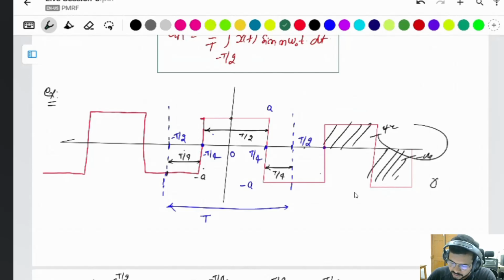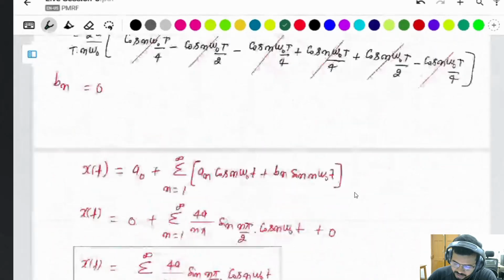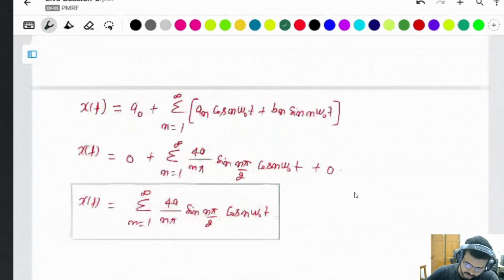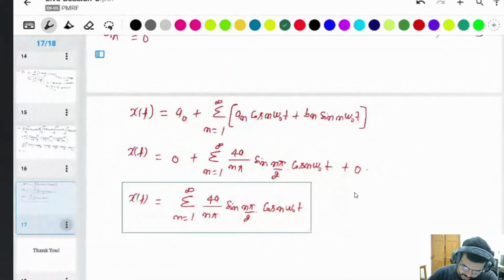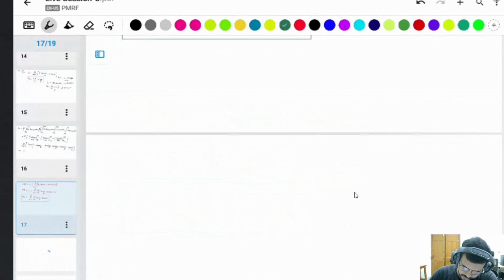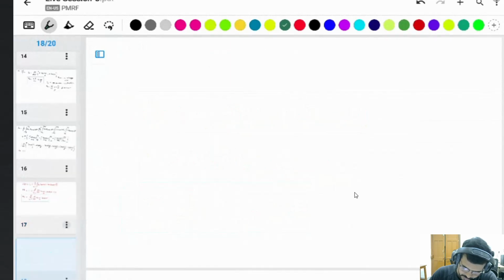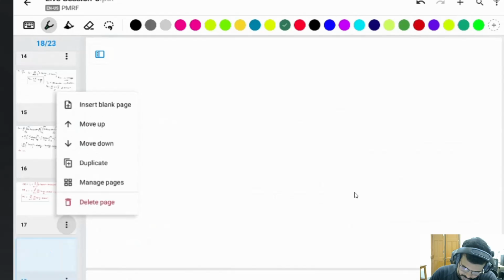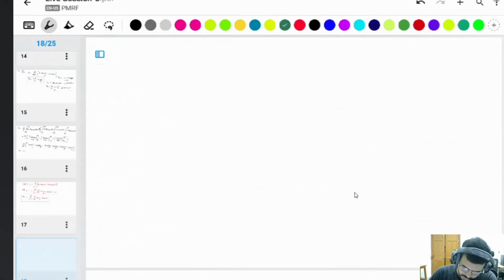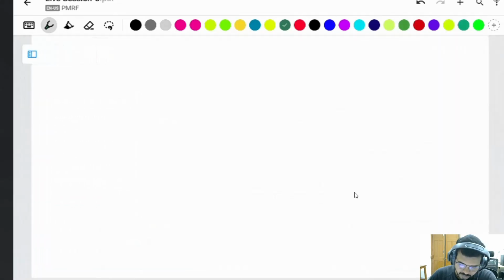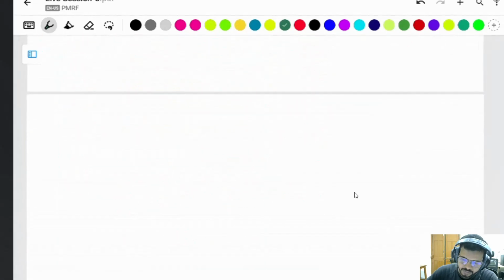Let's take an example for an odd signal also. Another example, second.